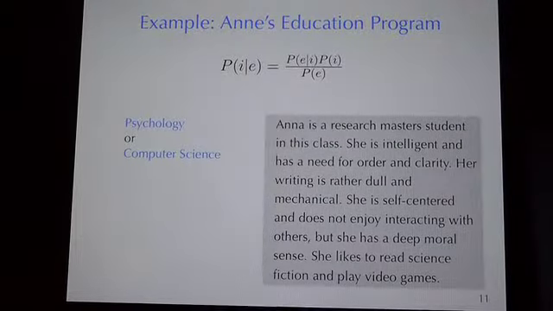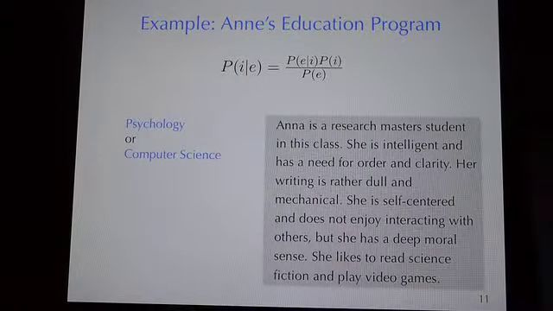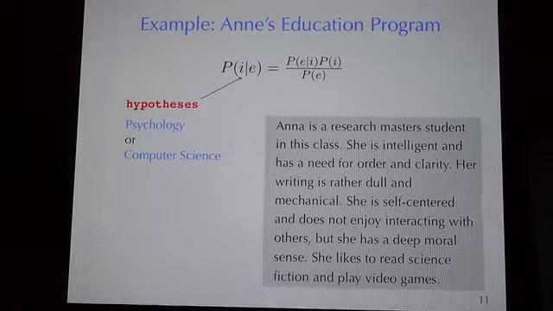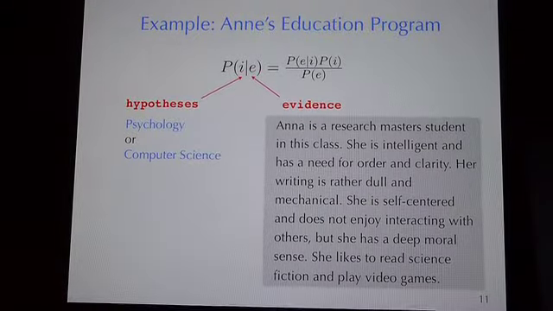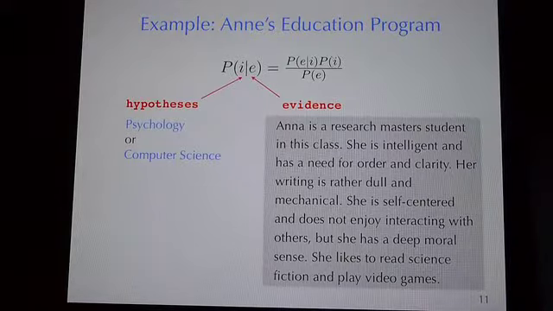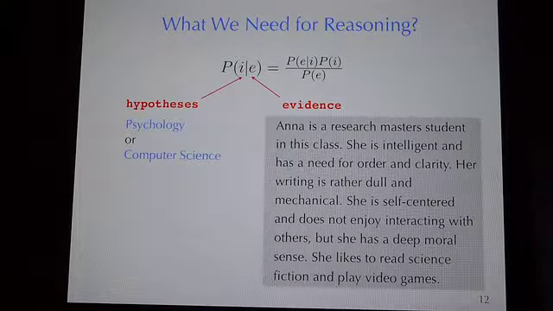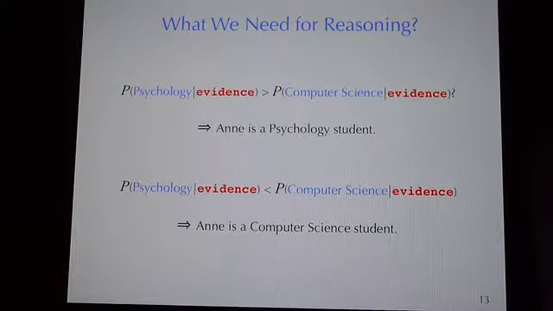So let me go back to our case at hand. We want to decide which of these two hypotheses is correct, or at least which of them is more probable, whether Anna is from a psychology program or whether she's from a computer science program. And the evidence is the description in the gray box on the right. So basically what we need for this reasoning is to come up with a way to measure which probability is higher.